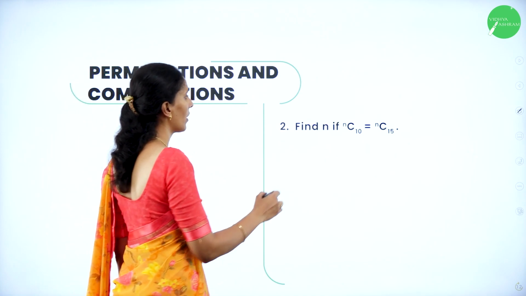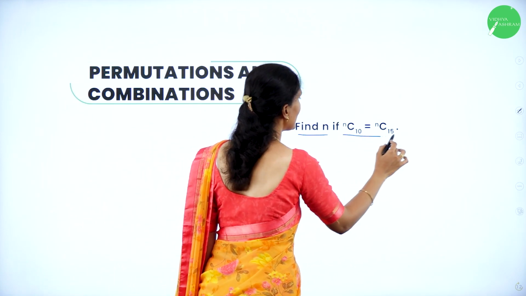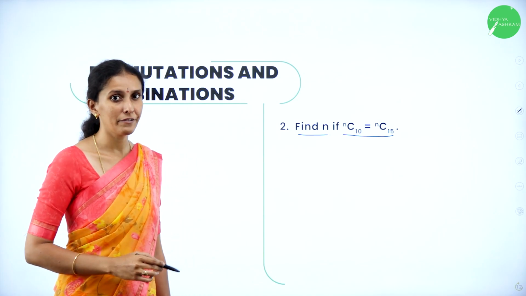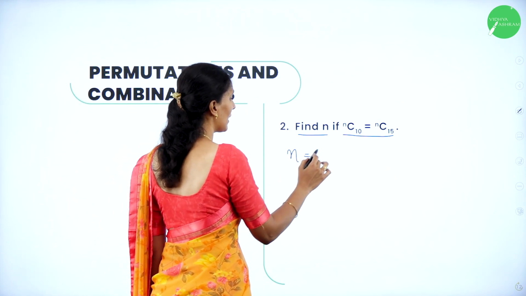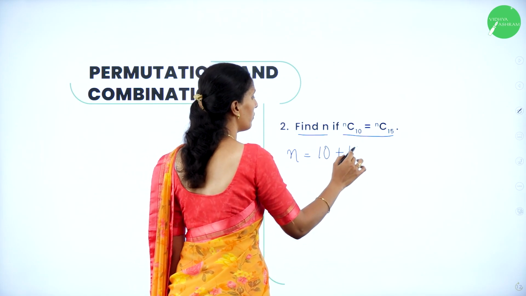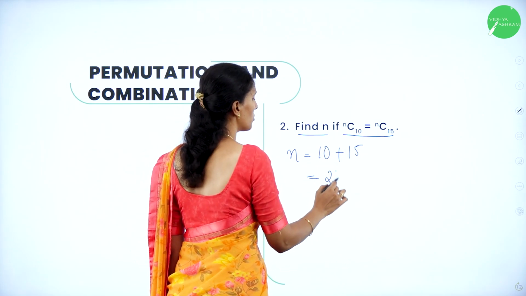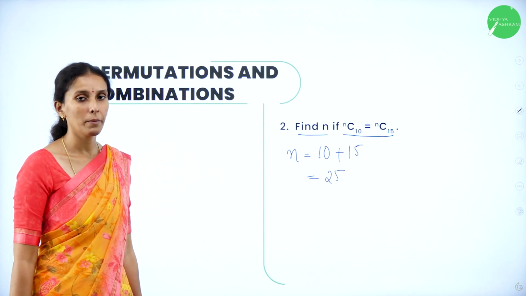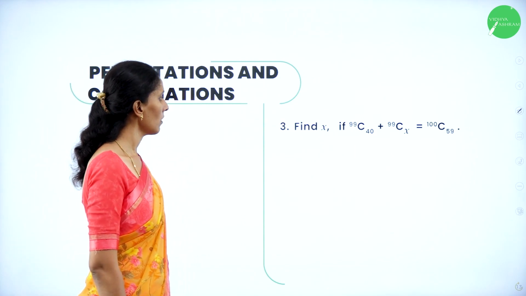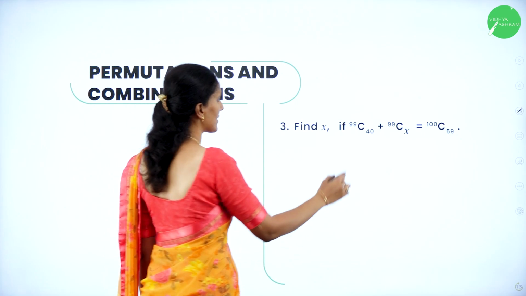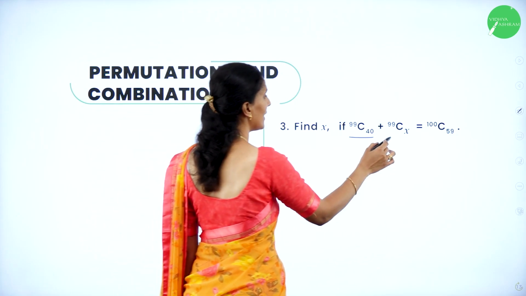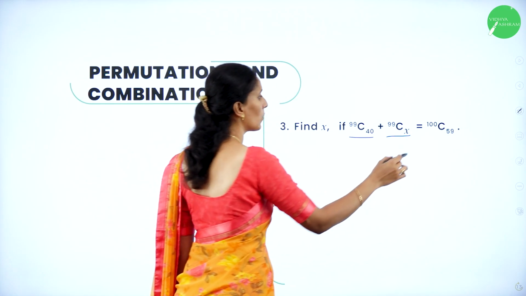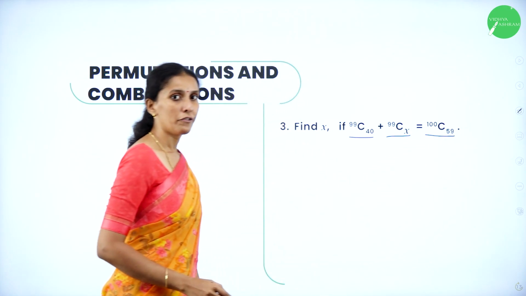Next question: find N if NC10 is equal to NC15. The same property we are applying here. So N can be directly written as 10 plus 15, that is equal to 25. So remember the properties. Next, find X if 99C40 plus 99CX is equal to 100C59.